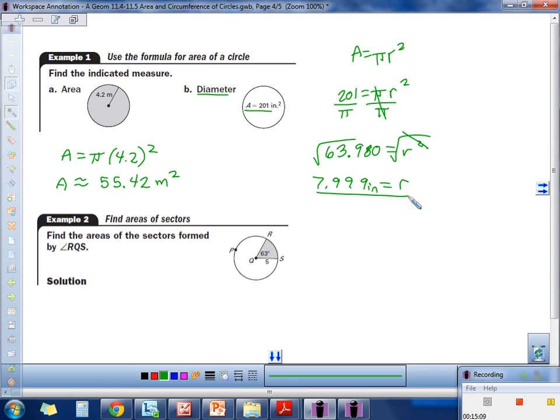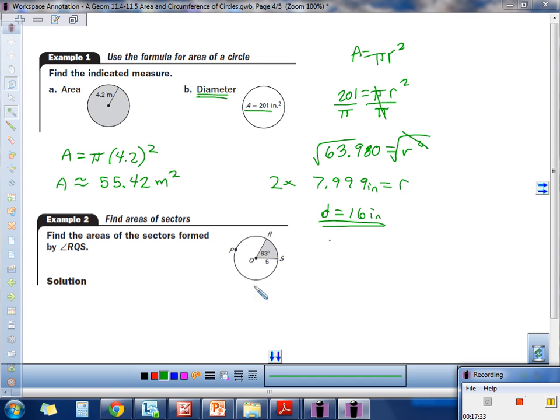There's our final answer. Sorry, we forgot to finish the question. It says find the diameter. That means we need to double the radius. So take this and times by 2. So it's going to be approximately 16 inches for the diameter. So we didn't want the radius. We just used the radius to find the diameter.